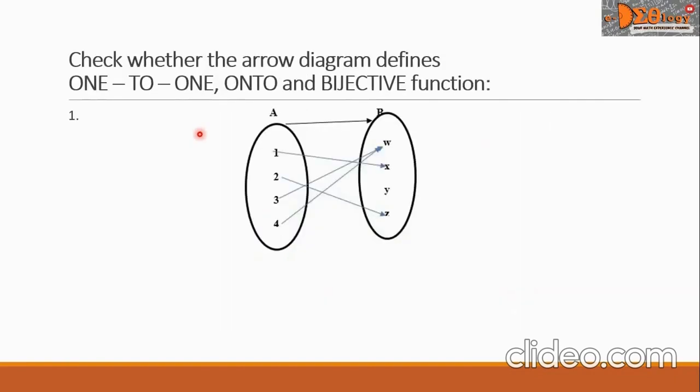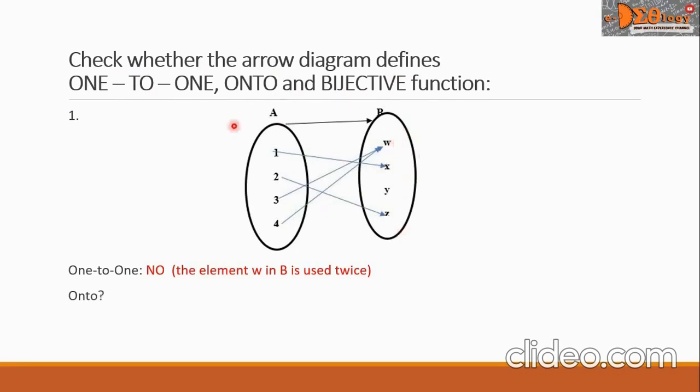Let us see more examples. Check whether the arrow diagram defines one-to-one, onto, and bijective function. Look at the figure here. First, let us check if this is one-to-one. We say no, because the element W in group B is used twice.